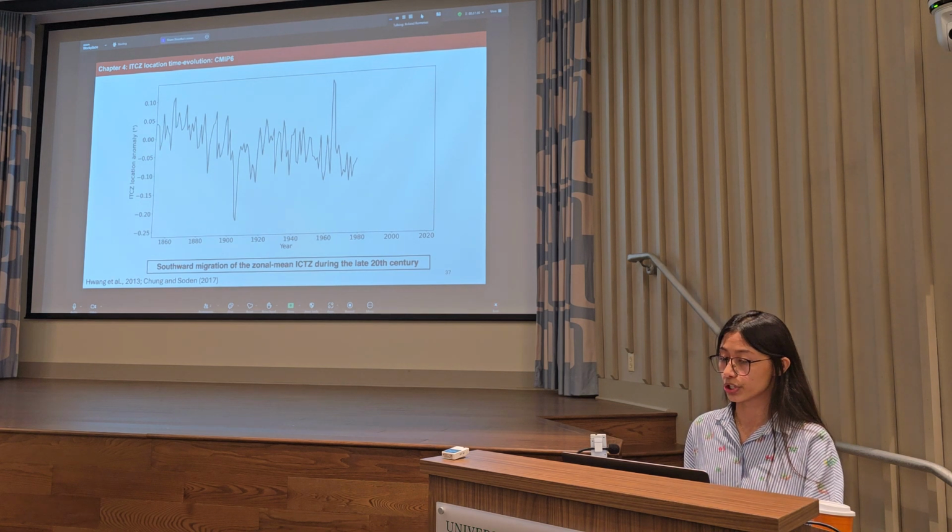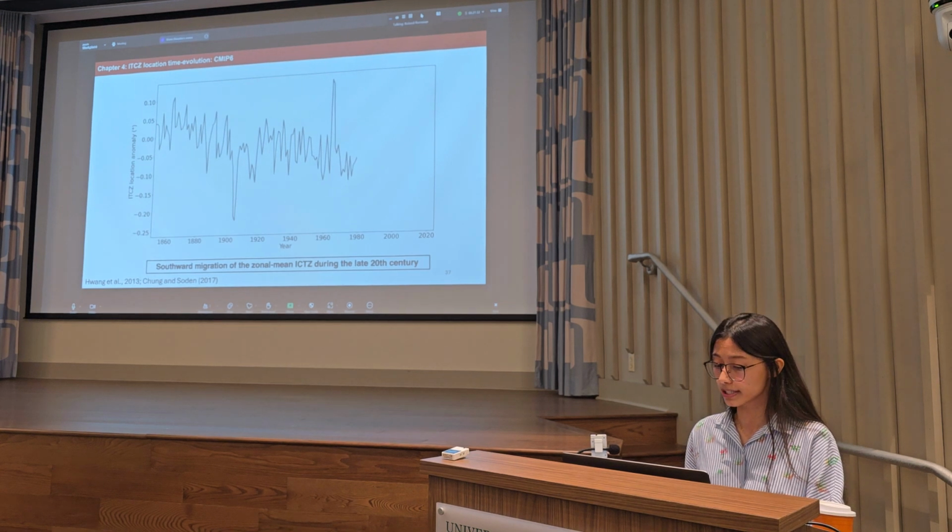Now, the historical period, specifically the 20th century, has been marked by a southward shift of the ITCZ, which in this plot, represented by the black line, I showed the multi-model mean for 39 coupled models belonging to CMIP6.